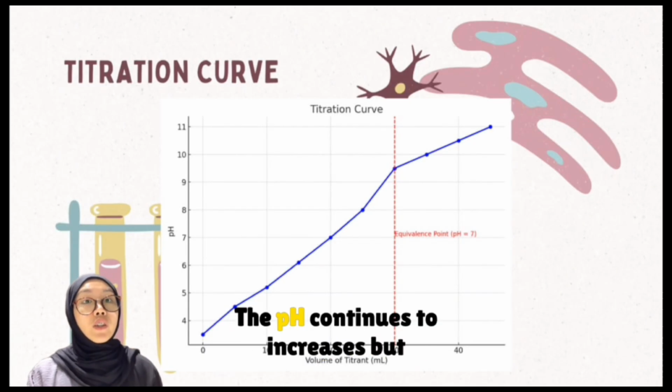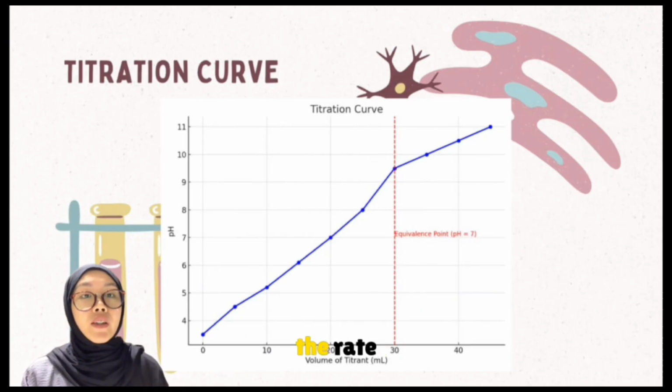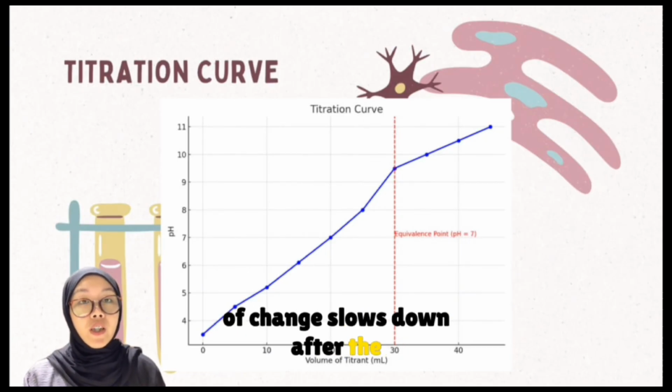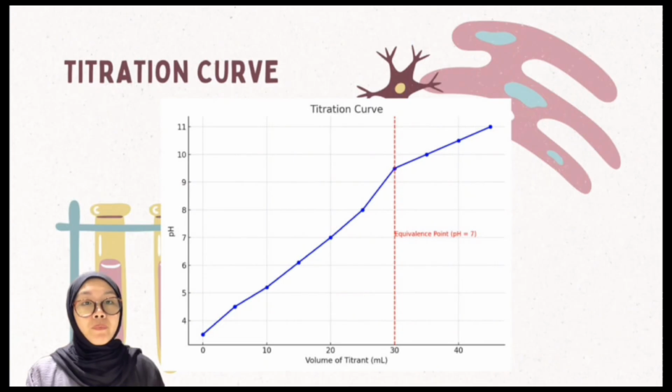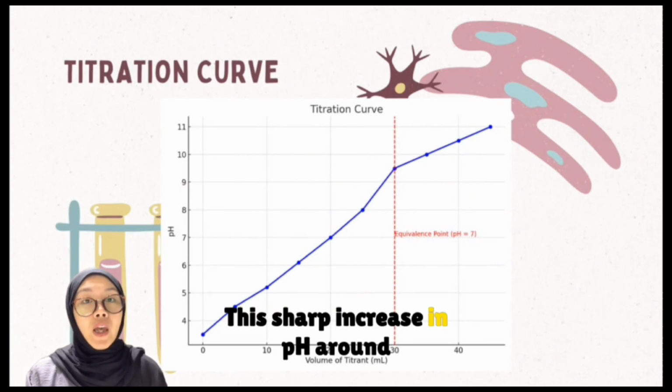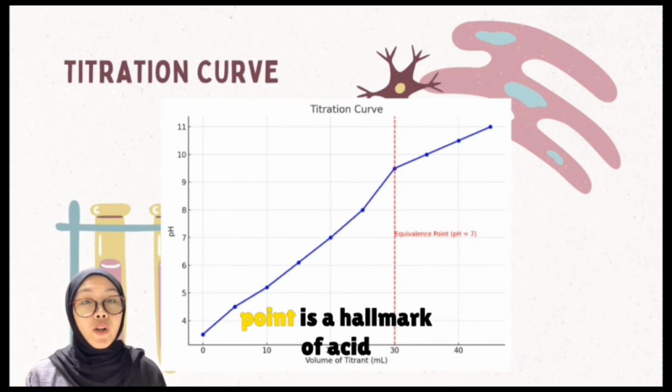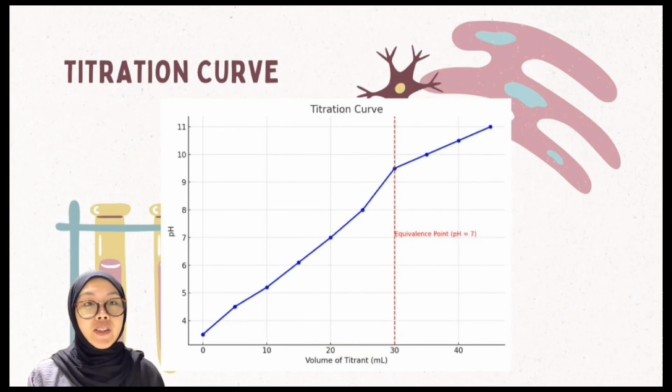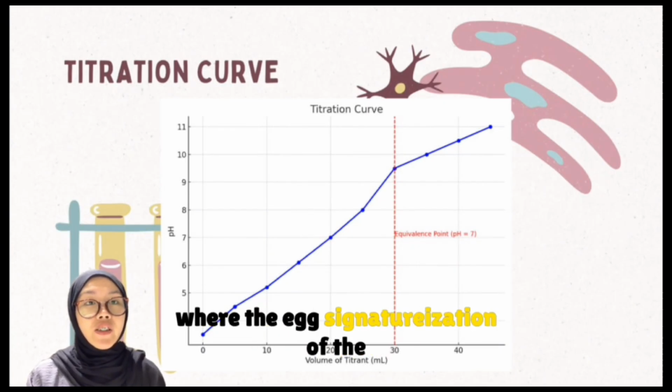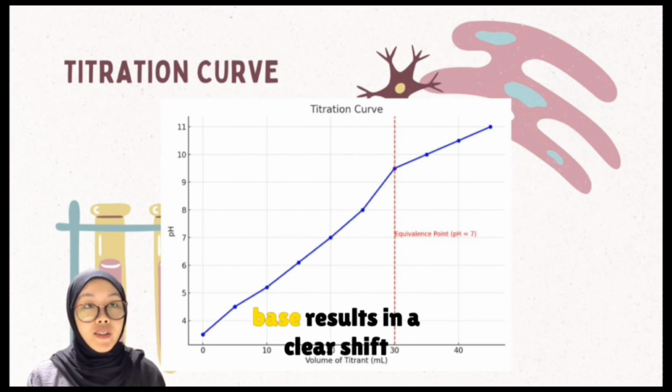The pH continues to increase, but the rate of change slows down after the equivalence point. This sharp increase in pH around the equivalence point is a hallmark of acid-base titrations, where the exact neutralization of the acid and base results in a clear shift in pH.